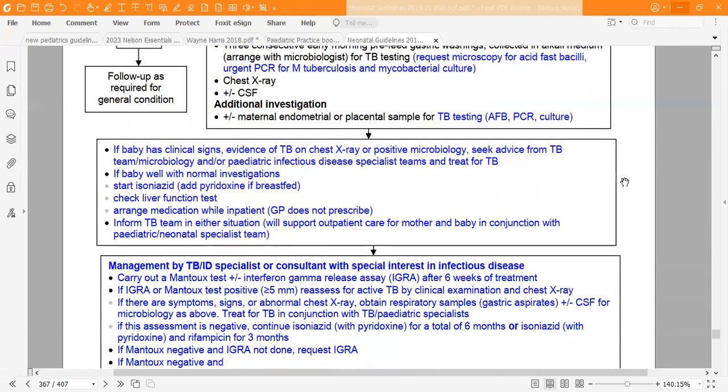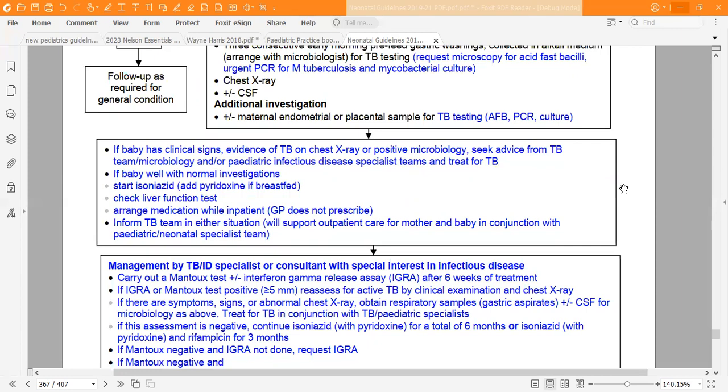If the baby has clinical signs, evidence of TB on chest X-ray or positive microbiology, seek advice from the TB team, microbiology, and or pediatric infectious disease specialist teams, and treat for TB.